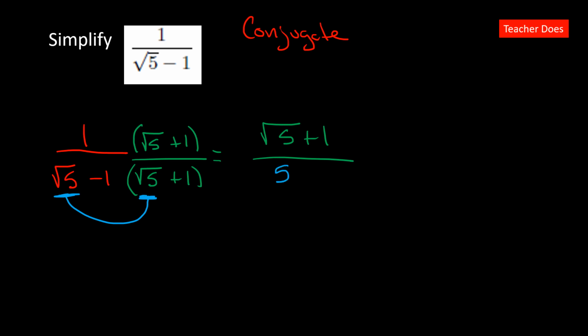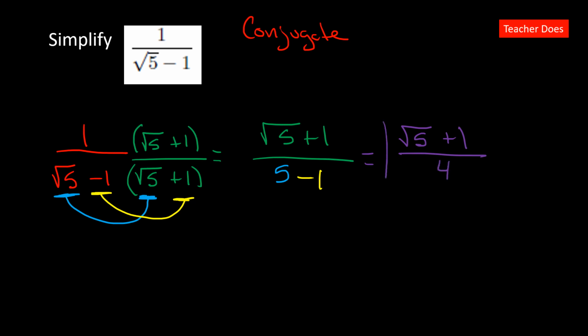And then we can multiply negative 1 times 1, which would be negative 1. If you want to box method this out instead, by all means. But to save time, remember your exam will be timed, so we want to make sure that we're as efficient as possible. And so this would result in the square root of 5 plus 1 over 5 minus 1, which is 4.